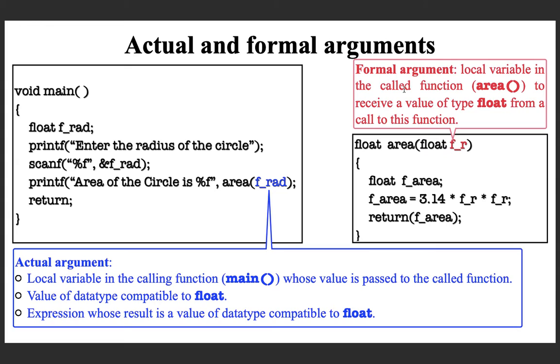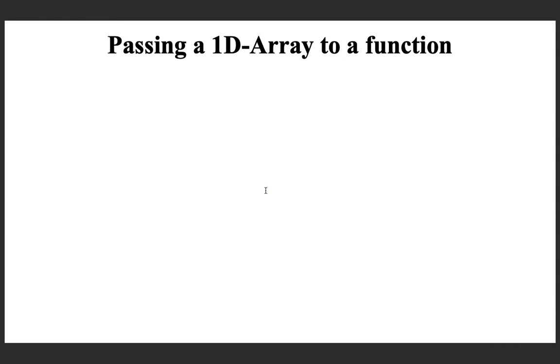So these are formal arguments, and whatever you pass during the function call are called actual arguments, because those are the actual values passed on to the function instance to be created. Now we are coming to our topic.